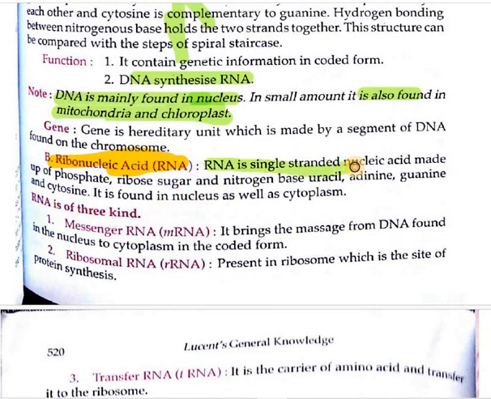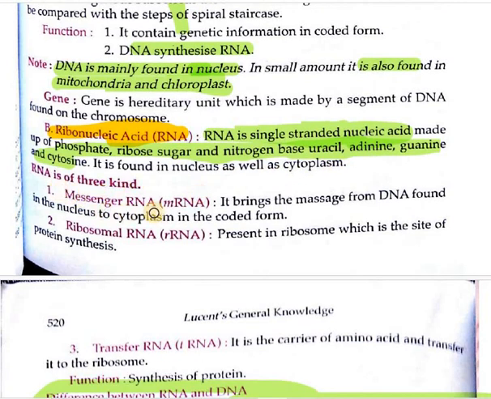RNA is a single stranded nucleic acid made up of phosphate, ribose sugar, and nitrogen bases uracil, adenine, guanine, and cytosine. So here thymine is replaced by uracil. It is found in the nucleus as well as the cytoplasm. RNA is of three kinds: mRNA, rRNA, and tRNA.